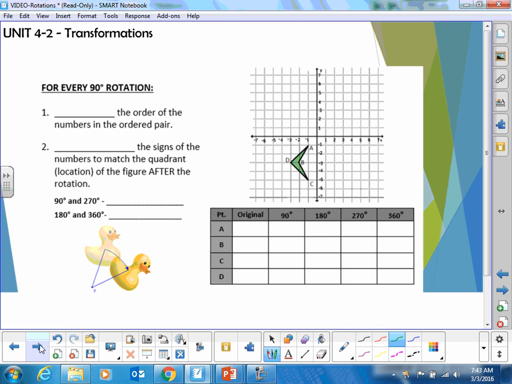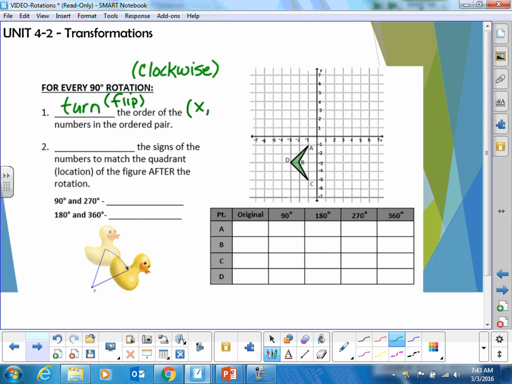All right, for every 90-degree rotation, these are the rules. This is what you have to know how to do, and it's very simple. Don't make it very hard. For this one, we're going to be going clockwise. For our example, it's not written here, but I want you to add it. For every 90-degree rotation, you're going to flip the order of the numbers in the ordered pair.